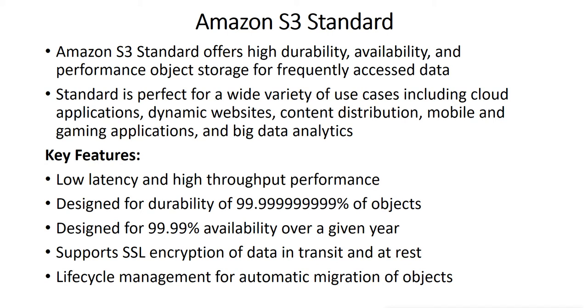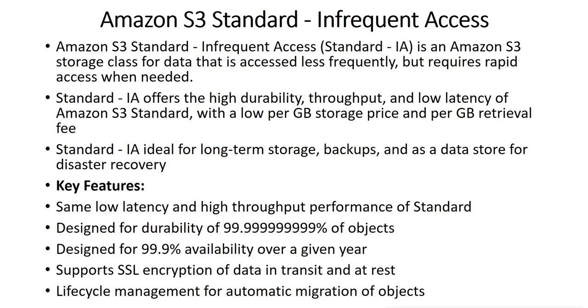Now let's jump into S3 Standard Infrequent Access. As the name indicates, it is commonly used as a storage place for infrequently accessed files. Say you don't want data to be accessed every second or every minute; then S3 Standard is not a good place to store it.